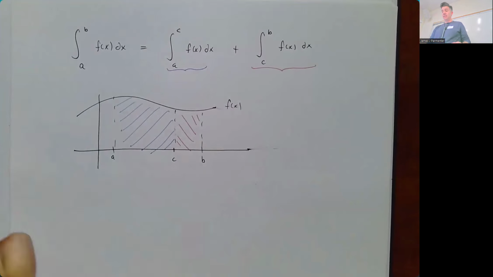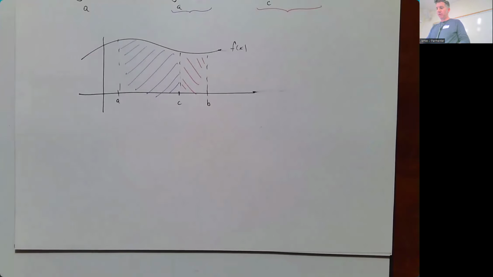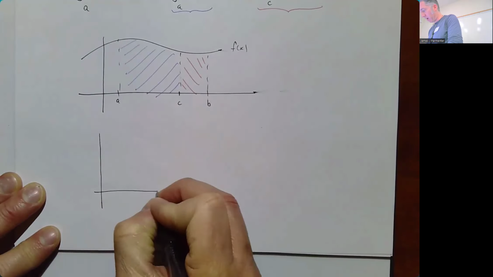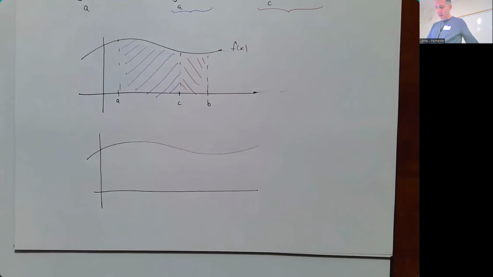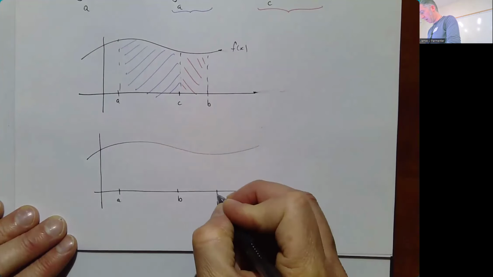But c didn't have to be between a and b. Check it out. I think this is one of the neater things that happens in this particular property. So I could have drawn this in a similar way, except my pen is dying, except here's a, here's b, and here's c over here.